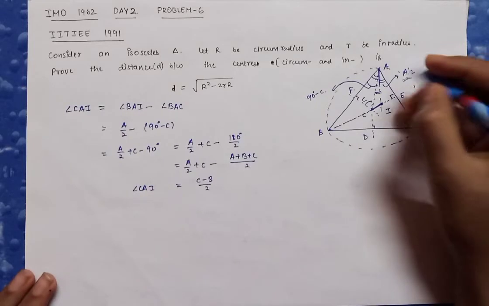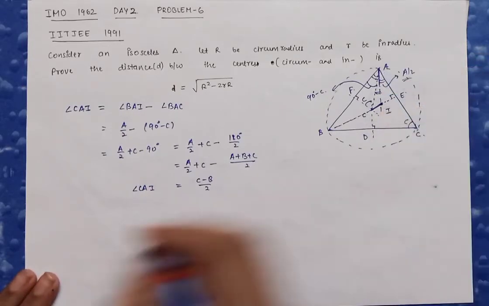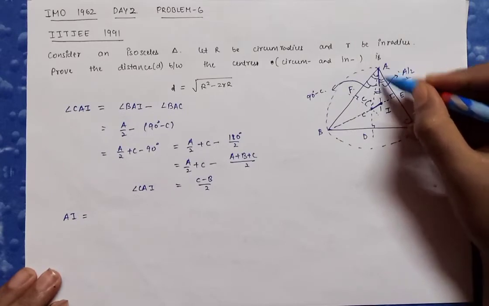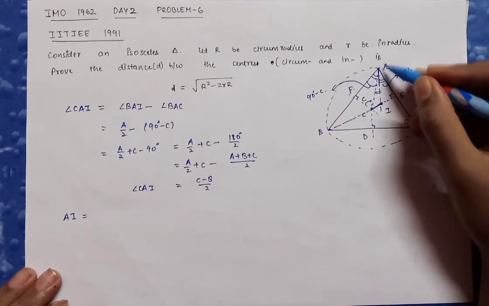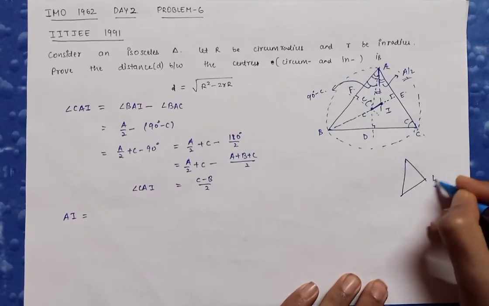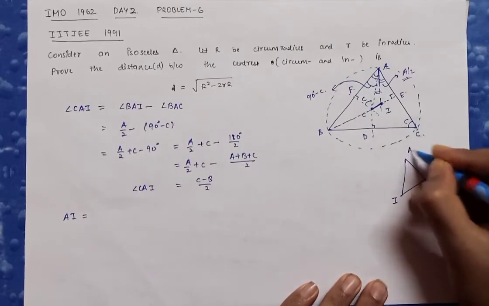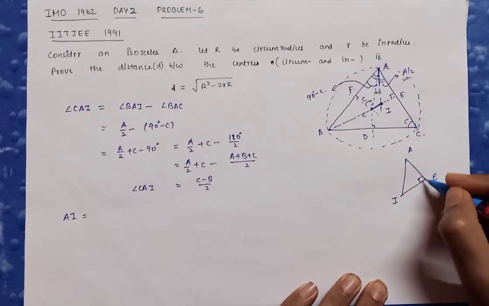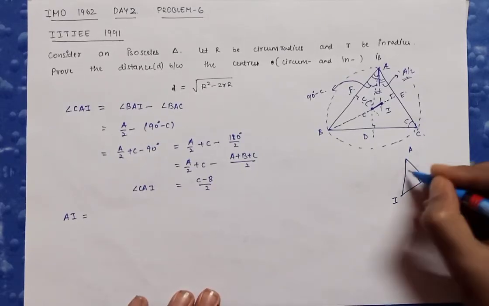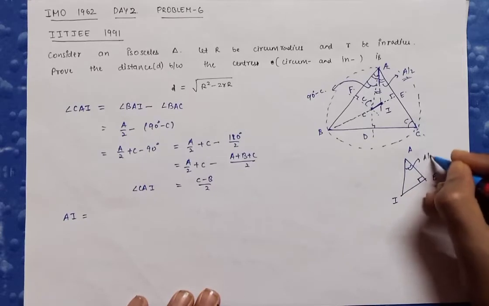Now let us find the distance AI. In triangle IAE, I am drawing this triangle here once again. This is E, this is I, and this is A. This is a right angle triangle, it is perpendicular. We can write AI in terms of r because this angle is A by 2.